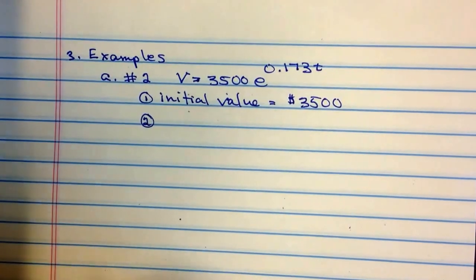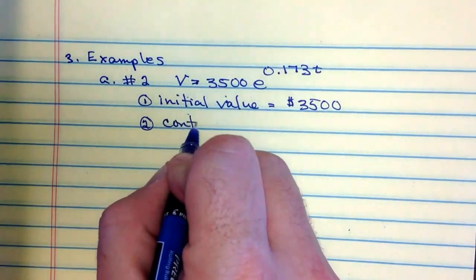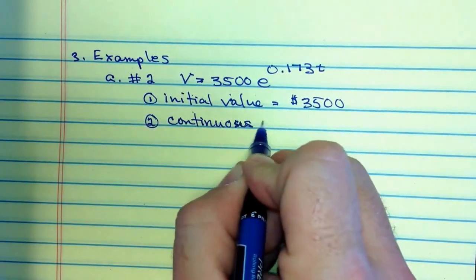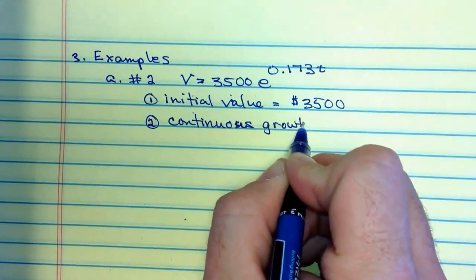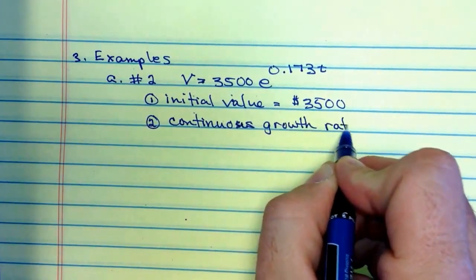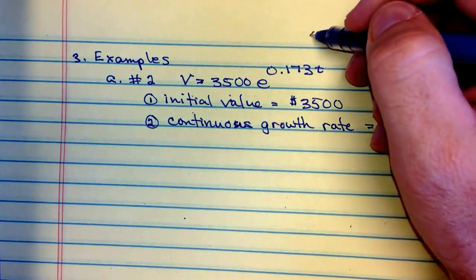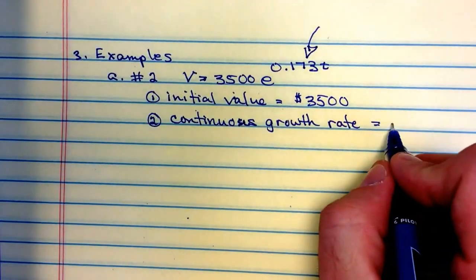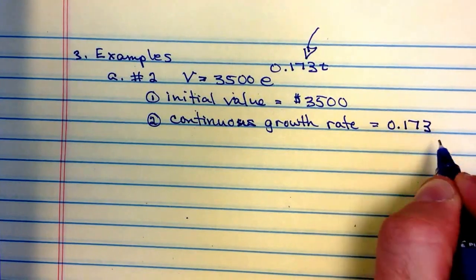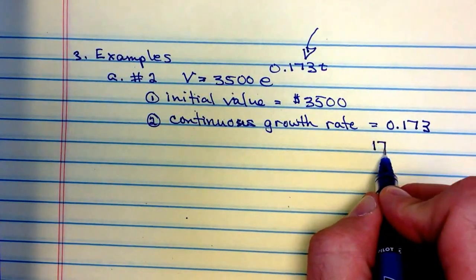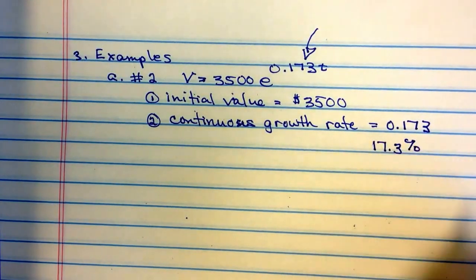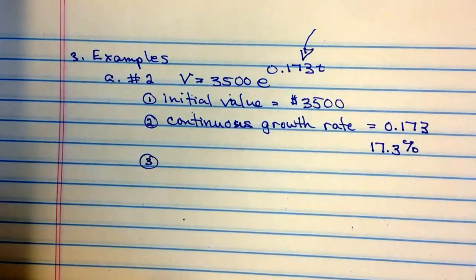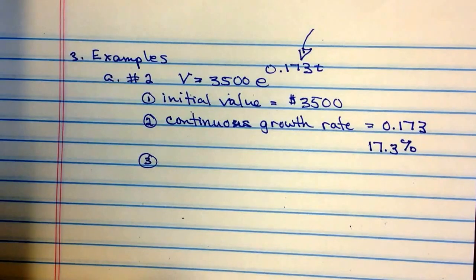All right, then we want the continuous growth rate. Well, the continuous growth rate is simply the coefficient in the exponent. So that's going to be 0.173, or 17.3%. Then number 3, we're asked for the annual growth factor.